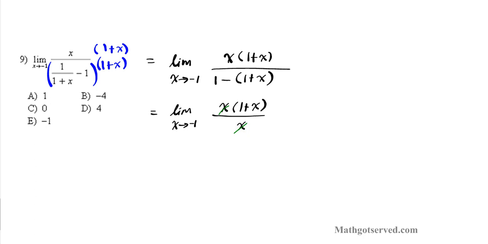This becomes the limit as x approaches -1 of 1 plus x. Plug in -1, I'm sorry, you have 1 plus -1, which is equal to 0. So the answer for number 9 is option letter C.